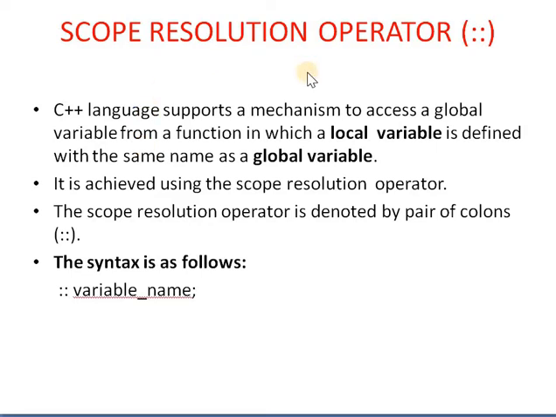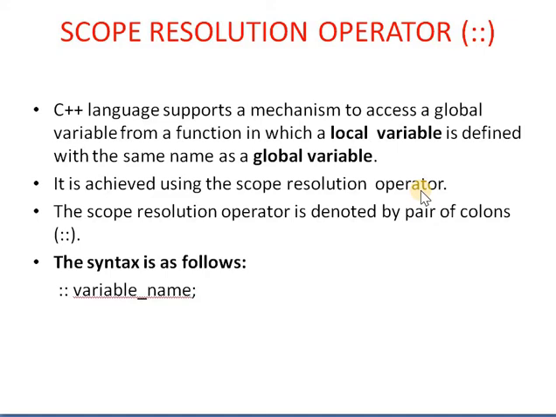Means the scope resolution operator is used to get hidden names due to variable scopes so that you can still use them. The scope resolution operator can be used as both unary and binary. And it is achieved using the scope resolution operator.